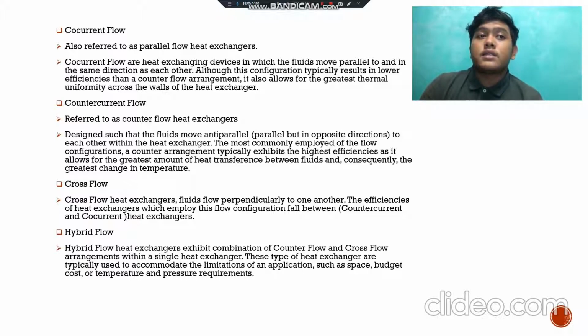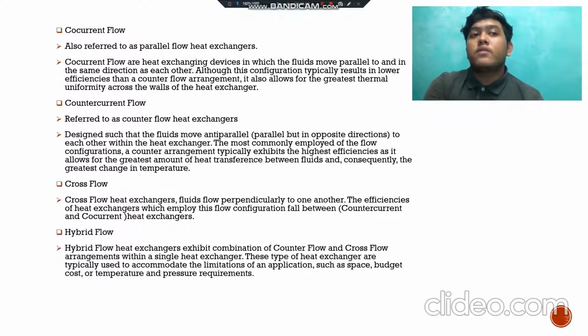And next is counter-current flow, designed such that the flows move anti-parallel to each other within the heat exchanger. The most commonly employed of the flow configurations, a counter arrangement typically exhibits the highest efficiencies as it allows for the greatest amount of heat transference between fluids and consequently the greatest change in temperature.